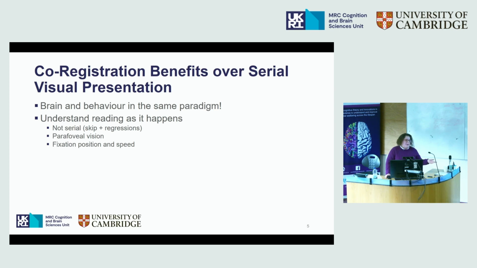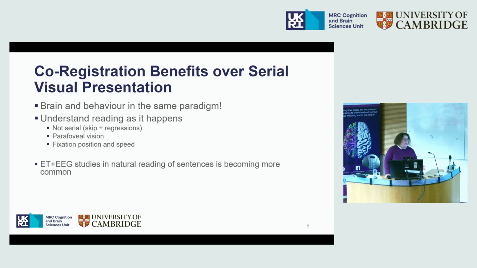However, reading is not as passive as assumed in serial visual presentation. Indeed, there are skips, which means that sometimes we don't look at a word, we regress to a previous part of the sentence, and especially we use information from parafoveal vision, which means that we don't only analyze the word that we are actually looking at, but we also process words that will be further down the sentence.